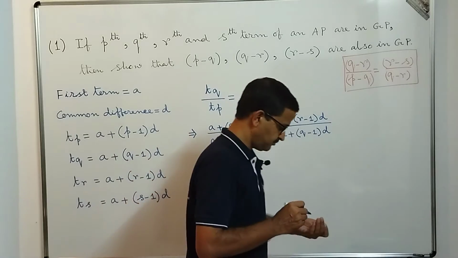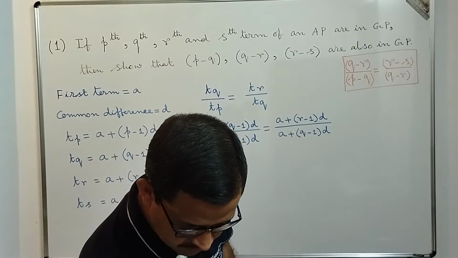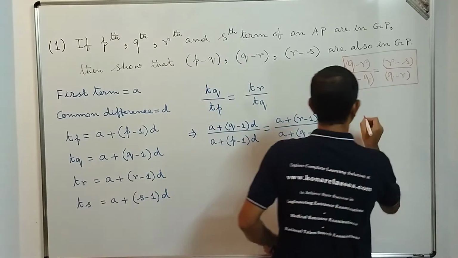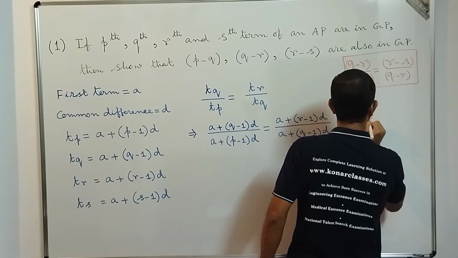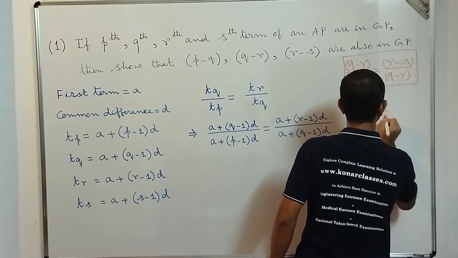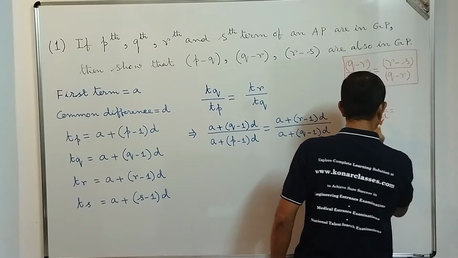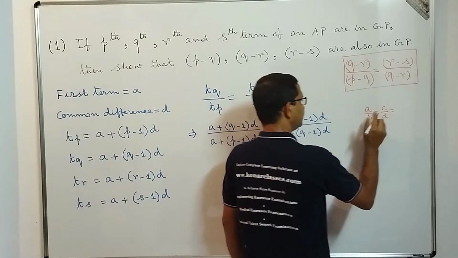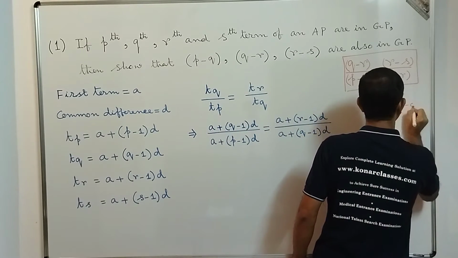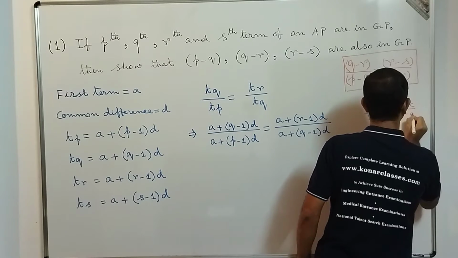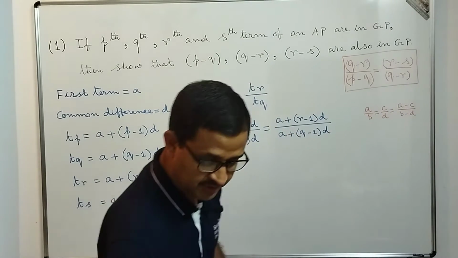So there is a rule. The rule is that if A by B is equal to C by D, then that is equal to A minus C divided by B minus D. That means what we can write, dear students.